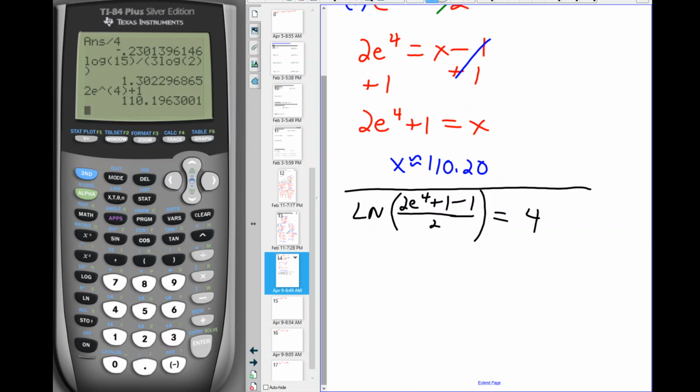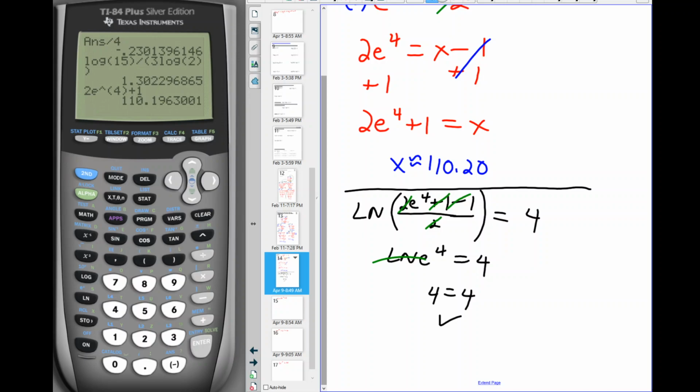If I were to do it on paper, it's not too bad because 1 minus 1 is 0. 2 divided by 2 is 1, so that cancels out as well. So I really just end up with ln of e to the fourth. And what is ln of e to the fourth? Because the ln is going to cancel out the e, what are we left with? Yeah, just 4. So we know it's going to work out.